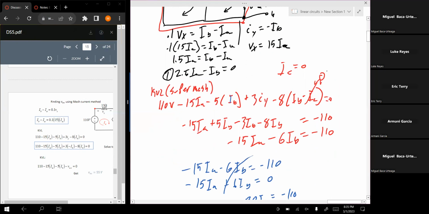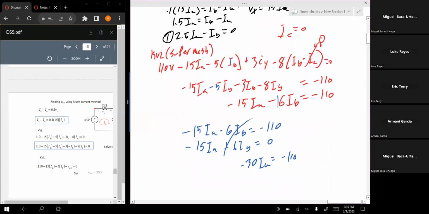See, so the IC becomes relevant in this case. So that changes this to being minus 5 IB. So that makes it 8, 11, 16 IB. That's what changes. So that changes our system of equations.